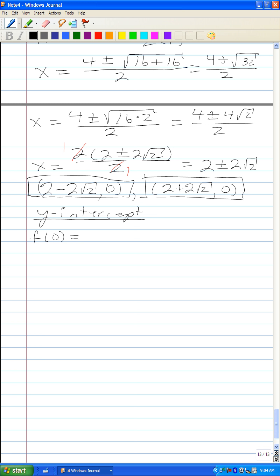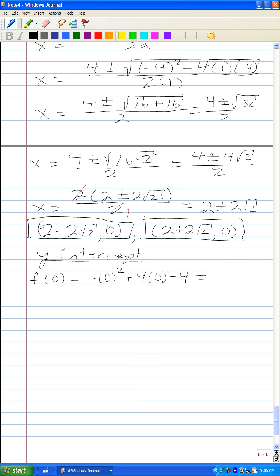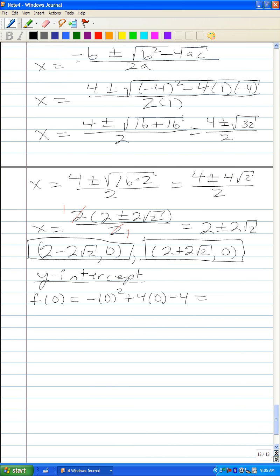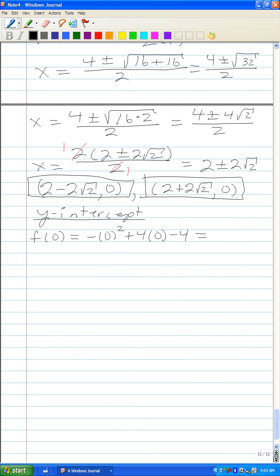So I get here a negative 0 squared plus 4 times 0 minus 4. 0 squared is 0, the opposite of that is 0. 4 times 0 is 0, plus 0 is 0, minus 4 is negative 4. And so your y-intercept is at 0, negative 4.